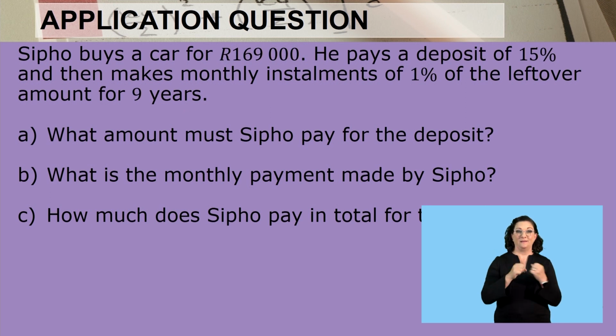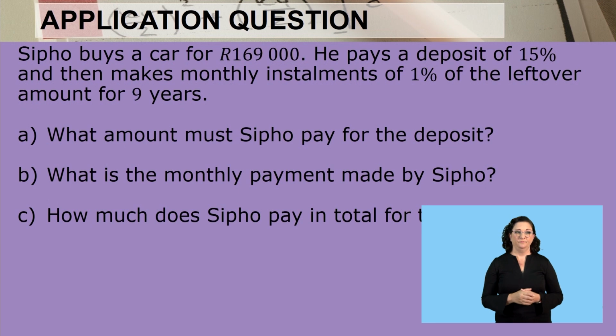I want to read this again. Sipho buys a car for 169,000 rand. He pays a deposit of 15% and then makes a monthly installment of 1% of the leftover amount for 9 years. We have these 3 questions to navigate through.